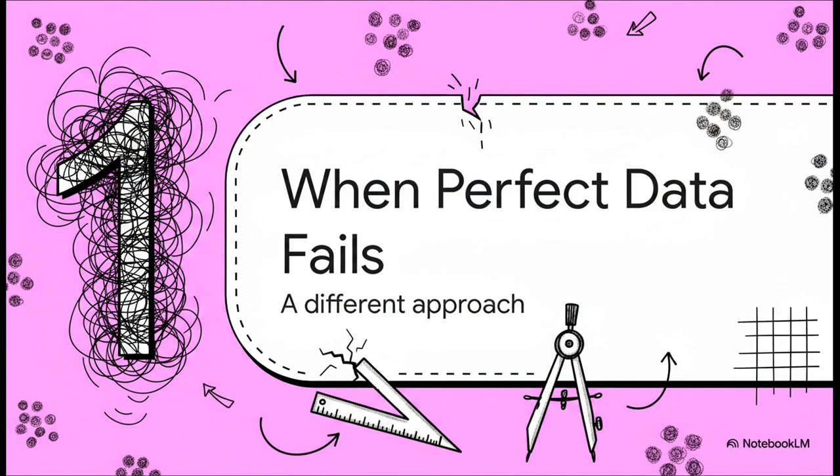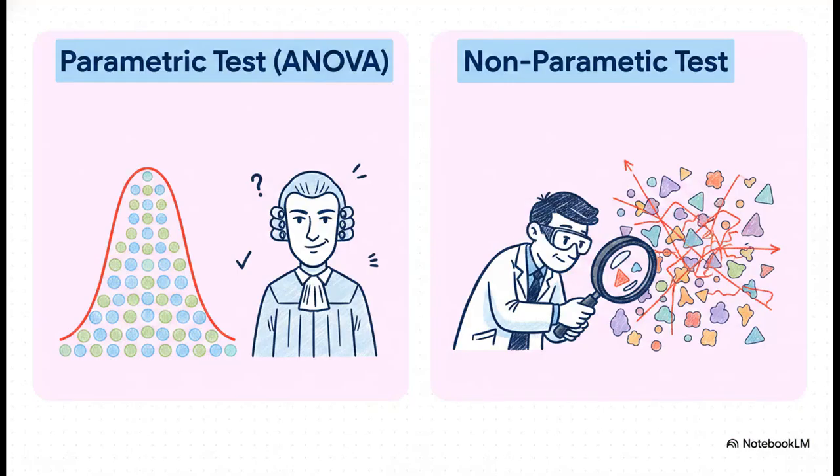Okay, so that brings us to our first big idea. When our data isn't playing by the textbook rules, we can't use the standard playbook. We need a different approach, a special kind of analysis that's built for the messiness of the real world. Think of it this way. A standard test, what we call a parametric test, like ANOVA, is like a judge who demands that all the scores follow a perfect, symmetrical bell curve.